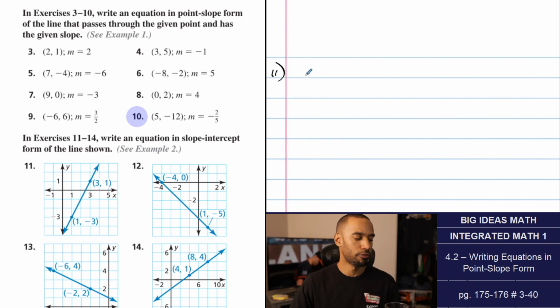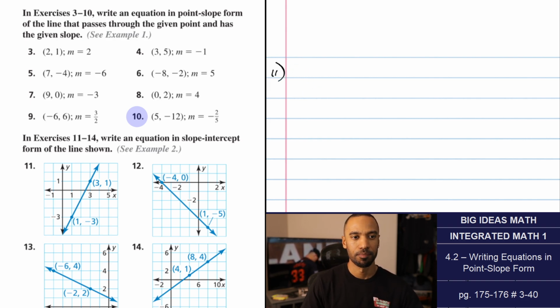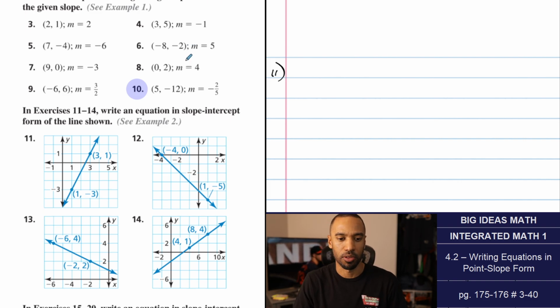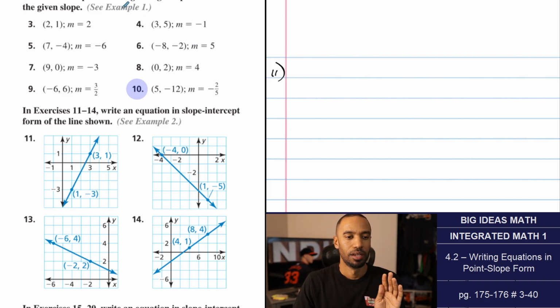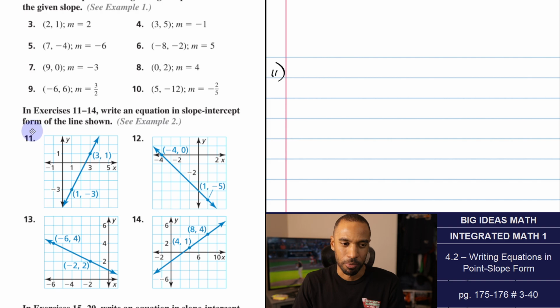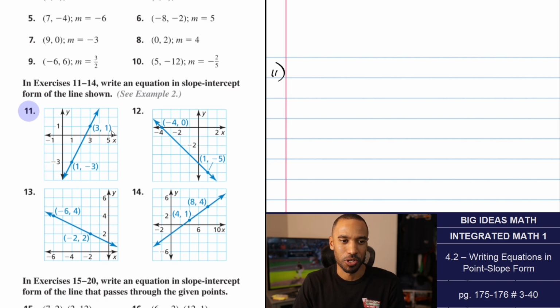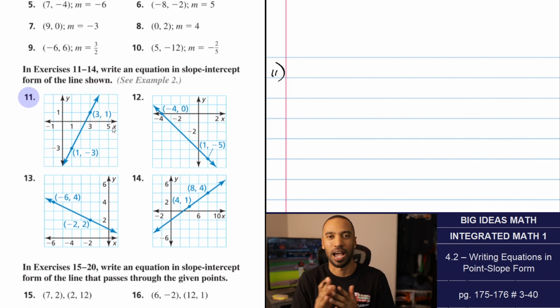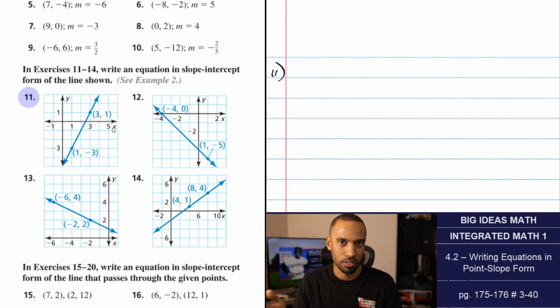Okay, numbers 11 through 14 say, write an equation in slope-intercept form for the line shown. I need to stress this really importantly because it's clear as day that they show you. Look, I already talked about this. I already got on my soapbox about this. I think you and I can all agree that we can see where the y-intercepts are right here, right here, right here, and right here.